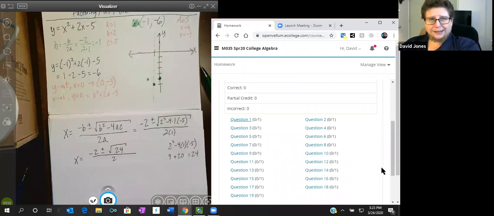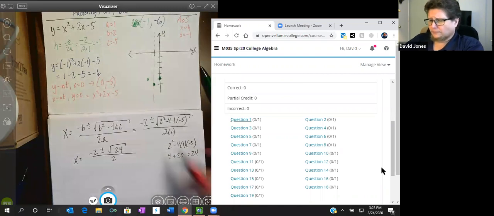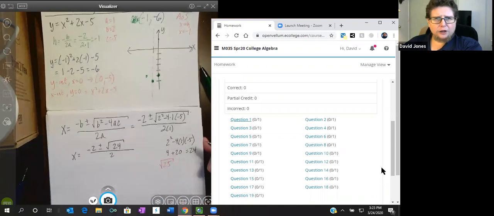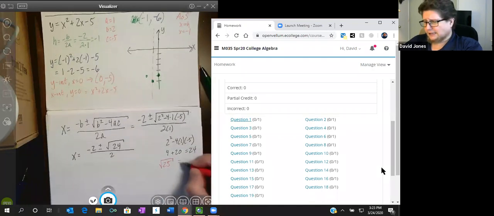I'm going to eyeball it here. This is called estimating. I hope you like this. I think it's a little bit easier than pulling out a calculator. What's the square root of 25? Hopefully you all know that's 5, which means the square root of 24 is just a little less than 5.